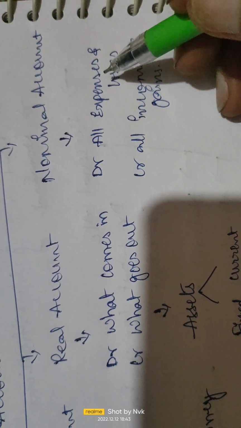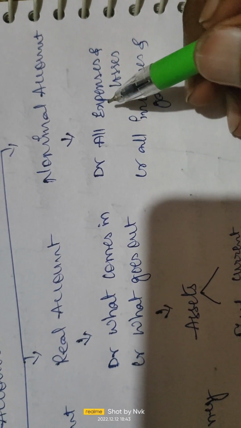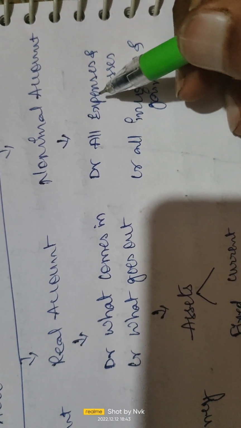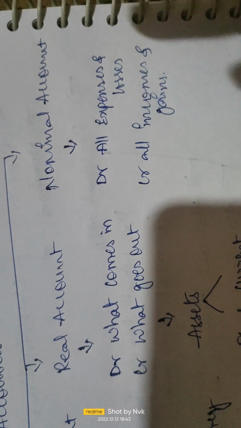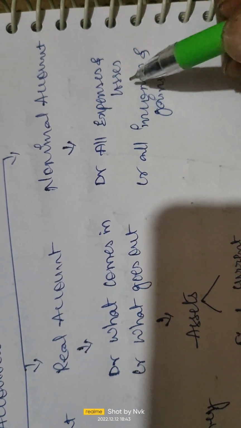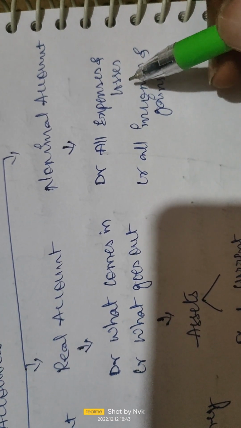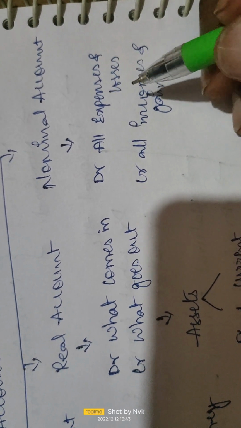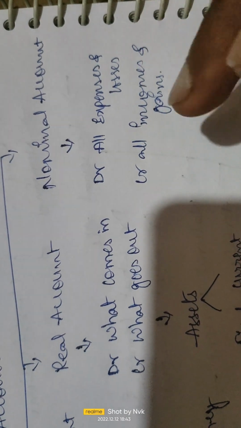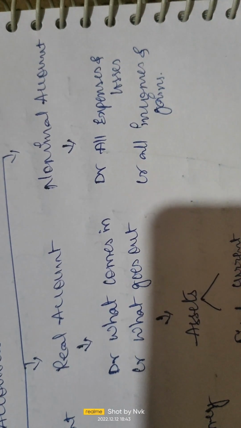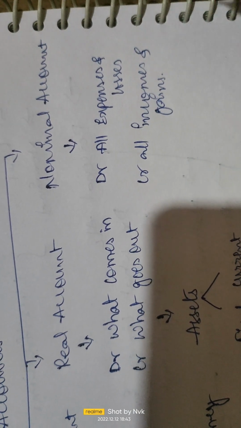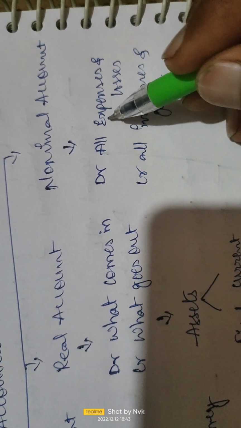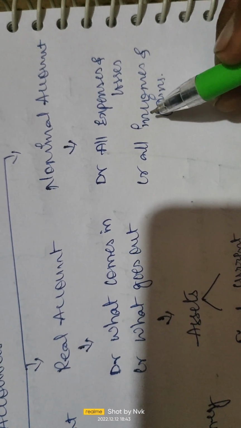Expenses and losses: those that are part of business transactions we take as expenses, and those that are irregular transactions apart from the business, like sale of machinery, we take as losses or gains. Buying and selling of goods and services are regular transactions, so we take those as expenses and incomes.